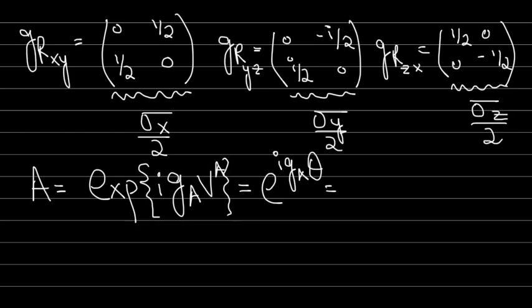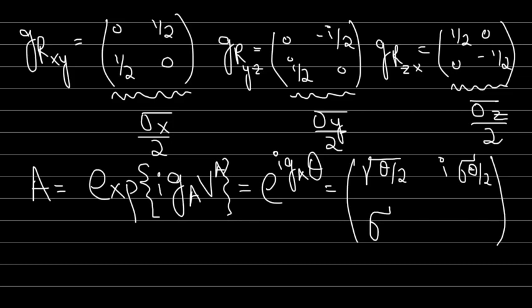So once we do that, we get a matrix that is, let me write it down: cosine of theta over 2, iota sine of theta over 2, sine theta over 2 and cosine theta over 2.